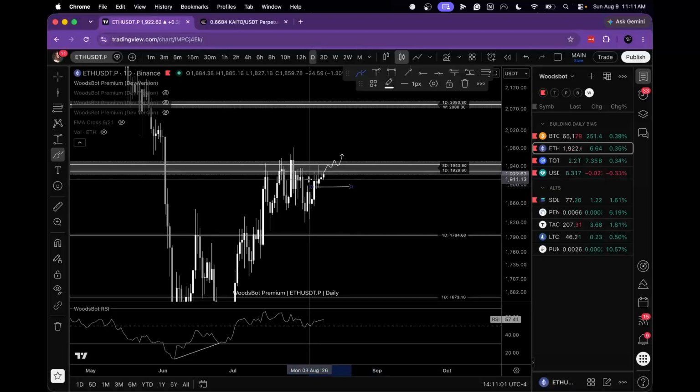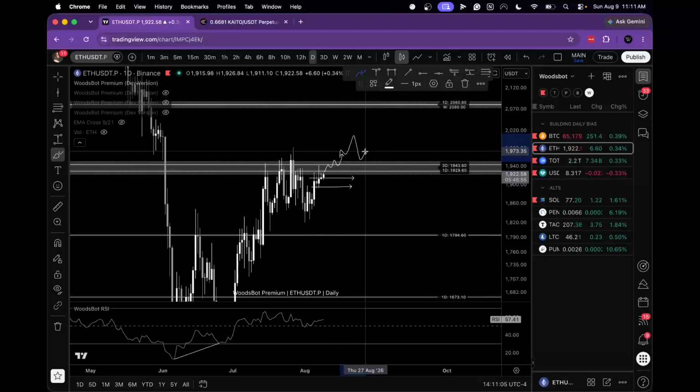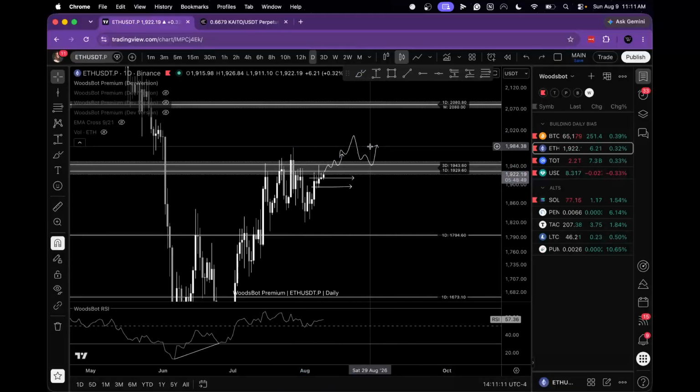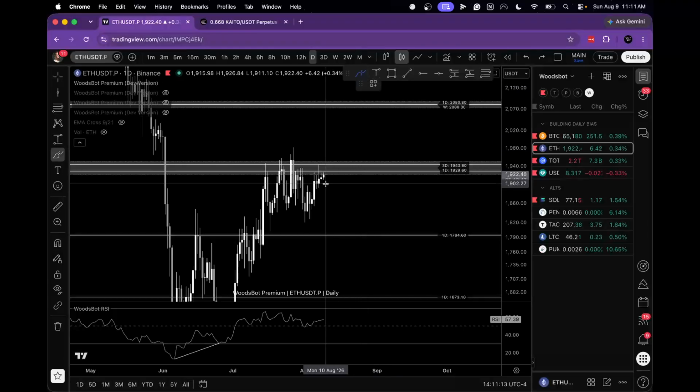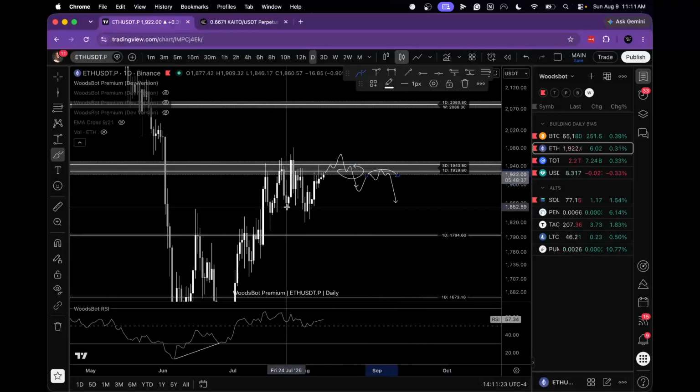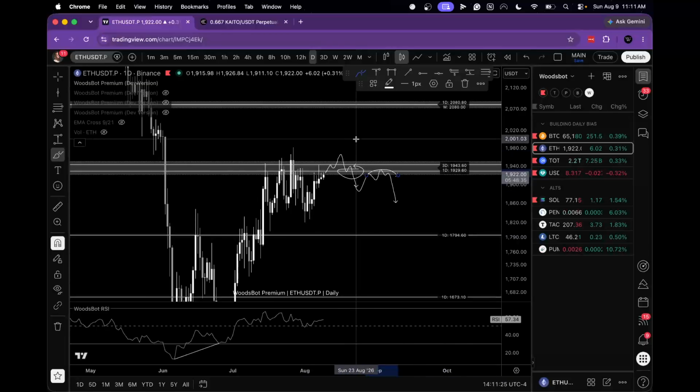Maybe we get a retest into some levels here, or maybe we just flip this, take this liquidity, and then I'm looking for a retest here. It gives me a bias. Inversely, if we get a push up like this and close the daily below here, I'm probably going to expect a retest here to get short into levels below. So it gives me a map of levels and where I'm looking to execute.